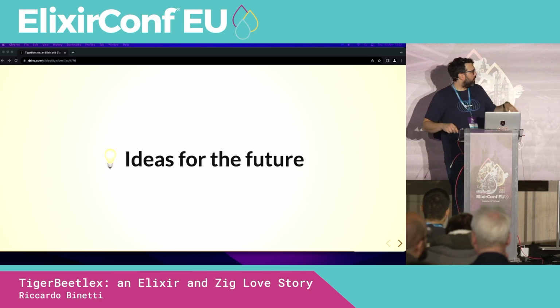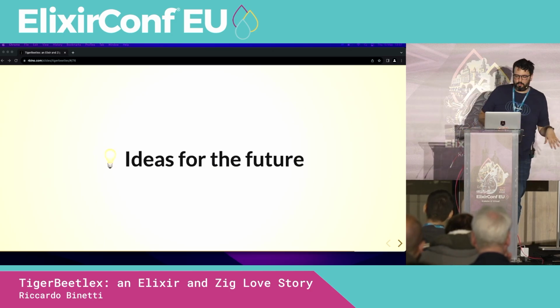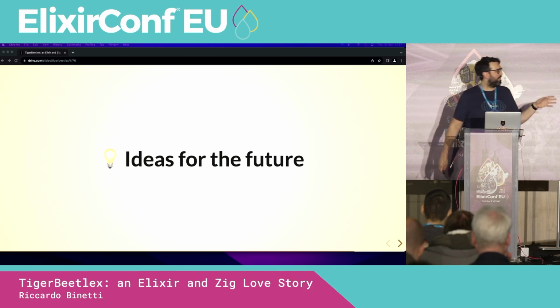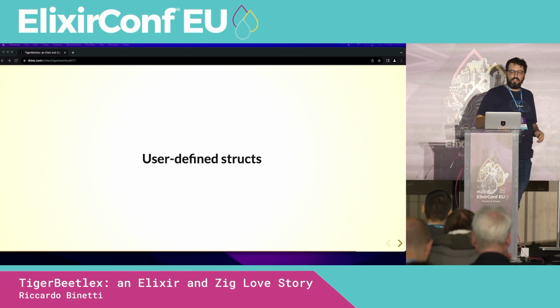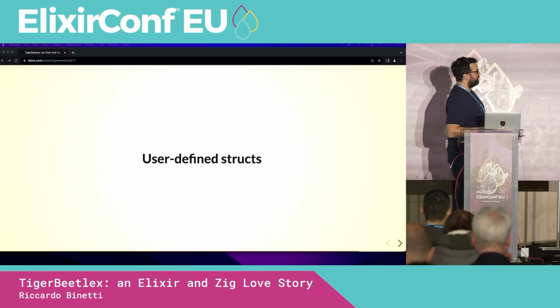So, quick round of ideas for the future. This does not mean that I'm going to implement all of them, it's just random ideas. So first of all, user-defined structs.